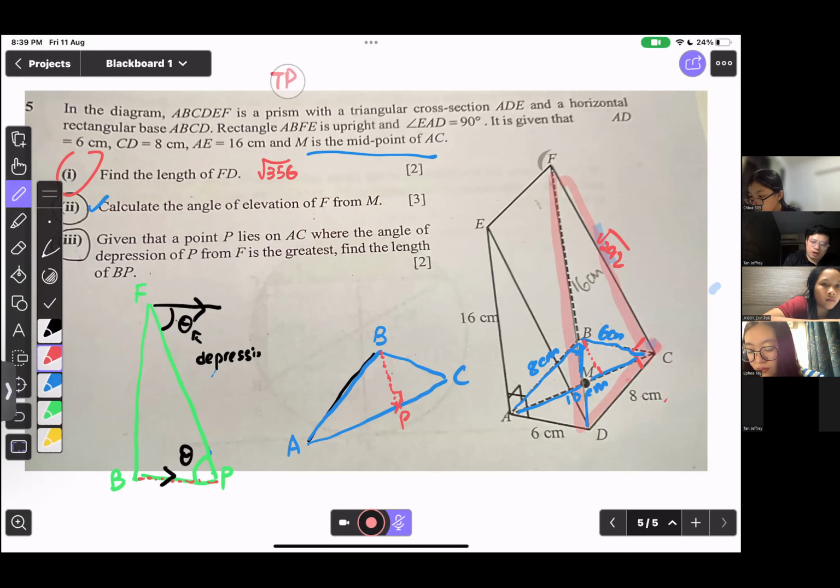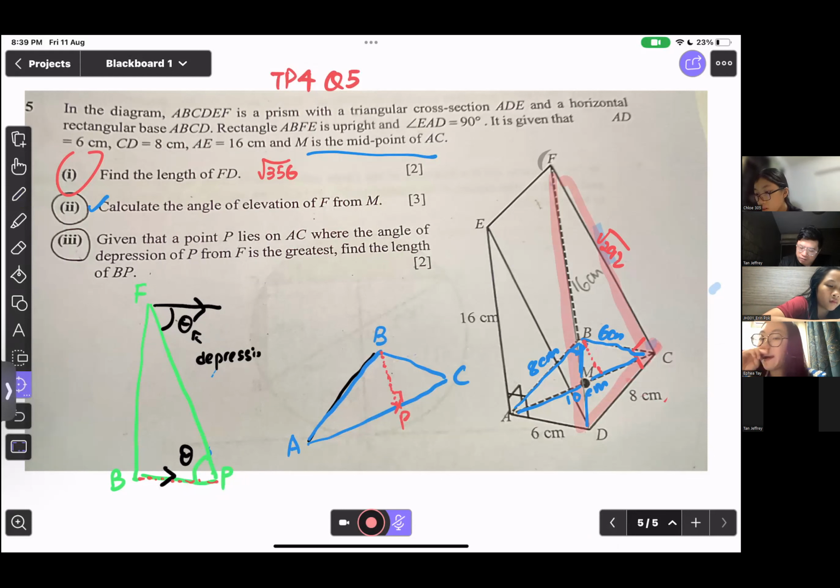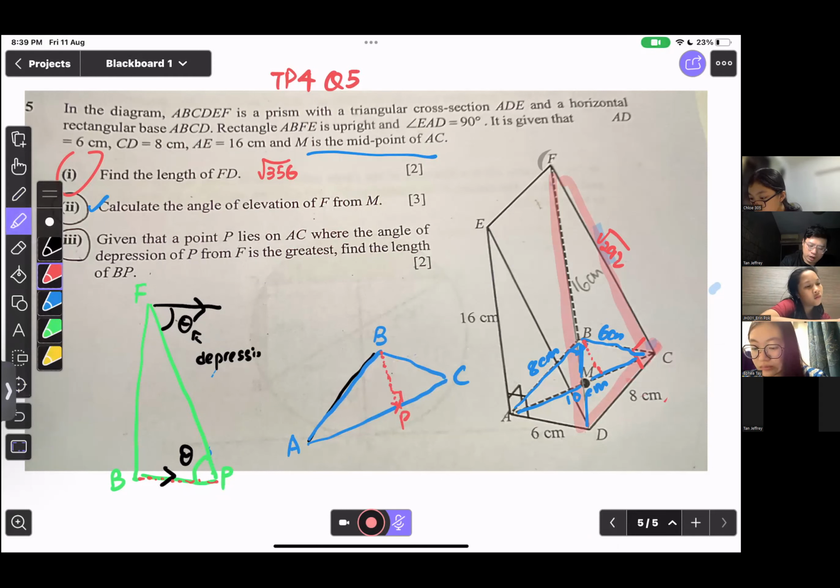So this is the time prep for question 5. How do I find this BP? A lot of ways. Very simple, you can just use area of triangle.